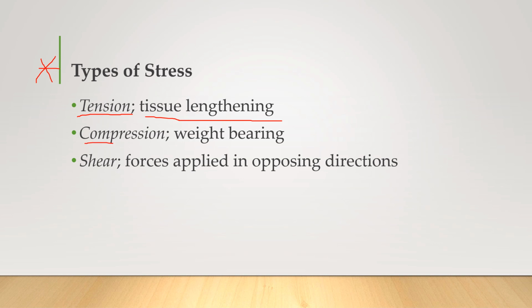Then we also look at compression, right? This is typically seen with weight bearing. The right amount of compression is typically pretty good and actually helps facilitate muscle action. But let's talk about somebody who maybe has osteoporosis, who has a history of fractures, especially in the spine.